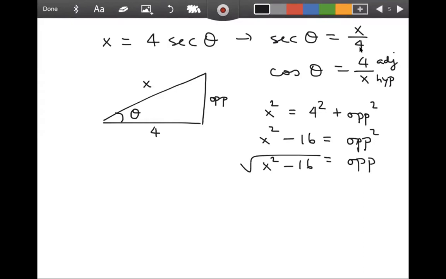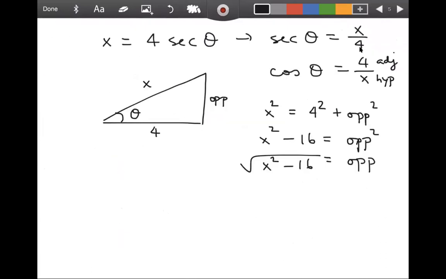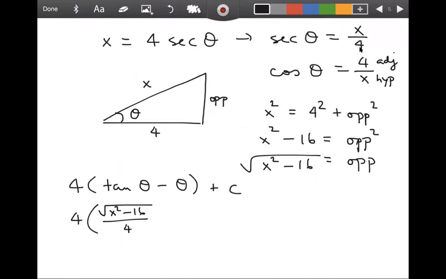Okay, so in terms of theta, this integral came out to 4 times tangent theta minus theta. All right, so tangent theta is the opposite over the adjacent. So that would be the square root of x squared minus 16 over 4.